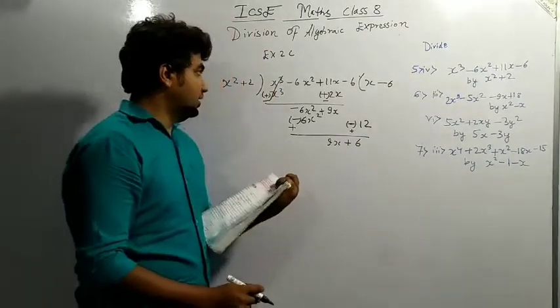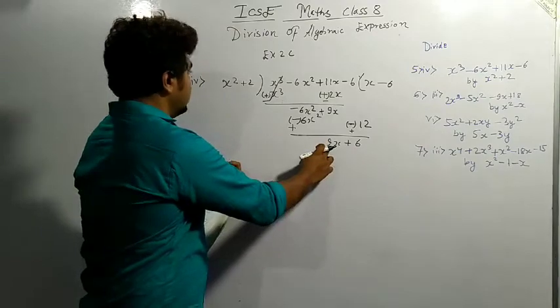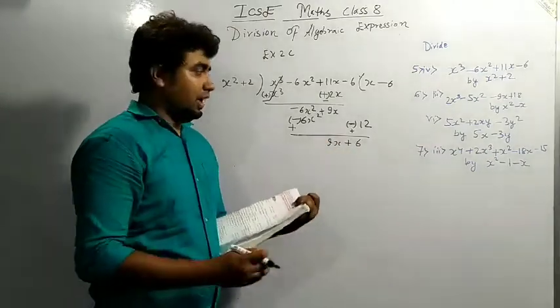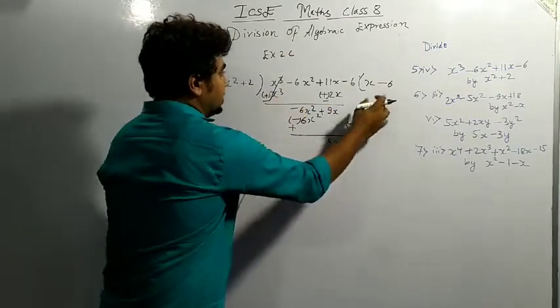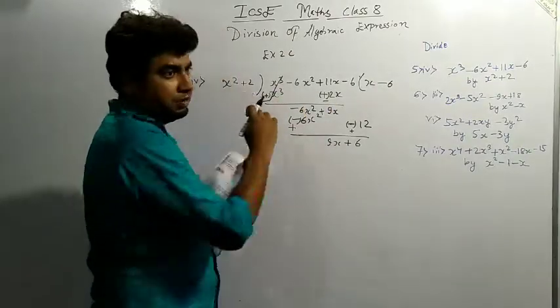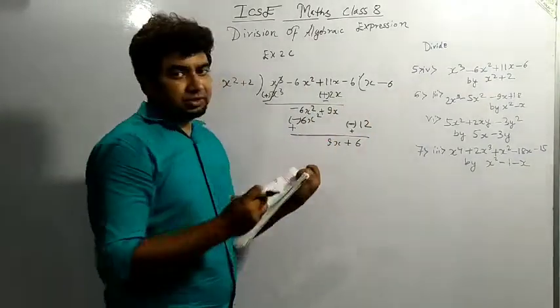Now this will remain as a remainder only, because if I multiply this with any number, we will get a term of x square.